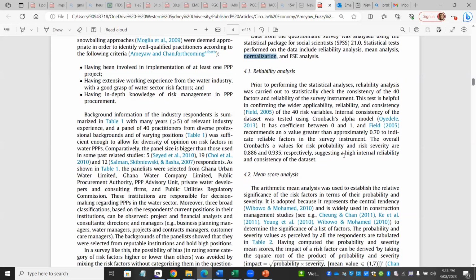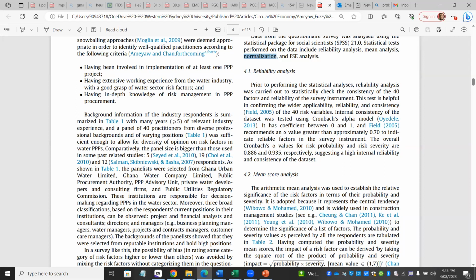So when the data was grouped into two, that is the probability and severity, the data on the probability of occurrence, which is the risk probability, gave a Cronbach's alpha of 0.886. And then the risk severity, which is also known as the consequences of the occurrence, gave 0.935.